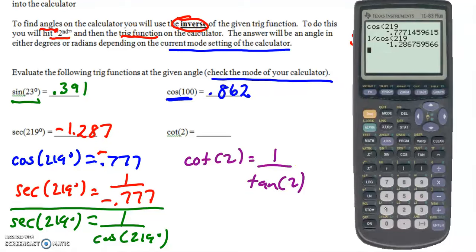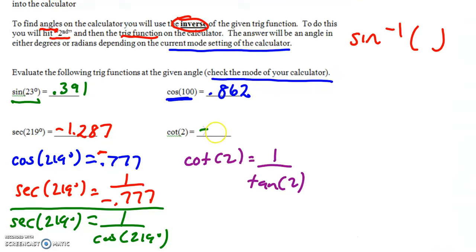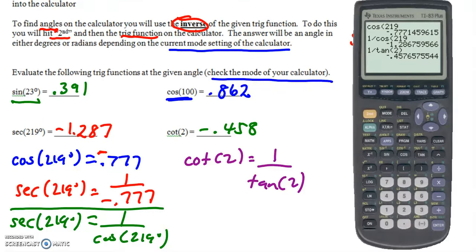And if I type in 1 divided by the tangent of 2 in radians, my final ratio out would be negative 0.458. Let me double check that with my calculator. Yes, that's a match.